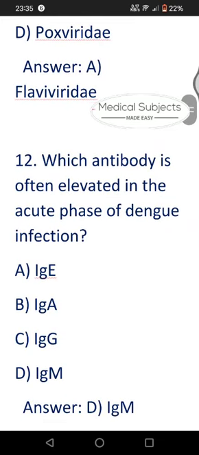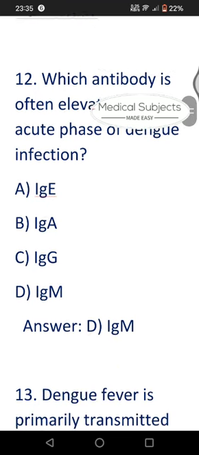The acute phase or primary antibody is IgM, secondary antibody is IgG. If you want to check for the antibodies in the acute phase, you have to check for IgM, whereas if it's an infection which has become a little bit chronic, you can check for IgG. IgA, as you know, is a secretory antibody, and IgE is for allergy.